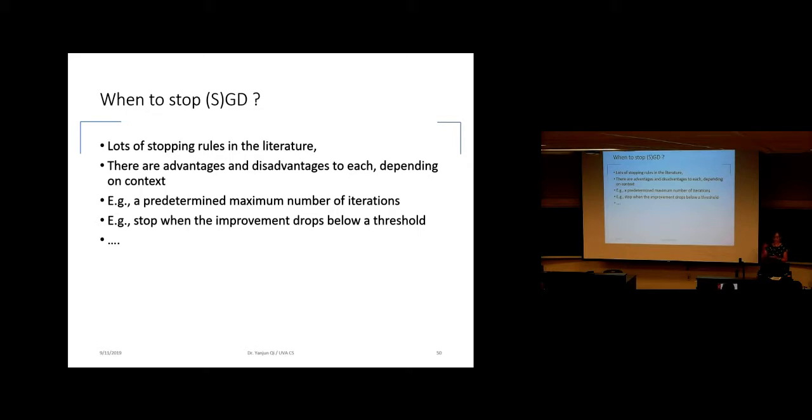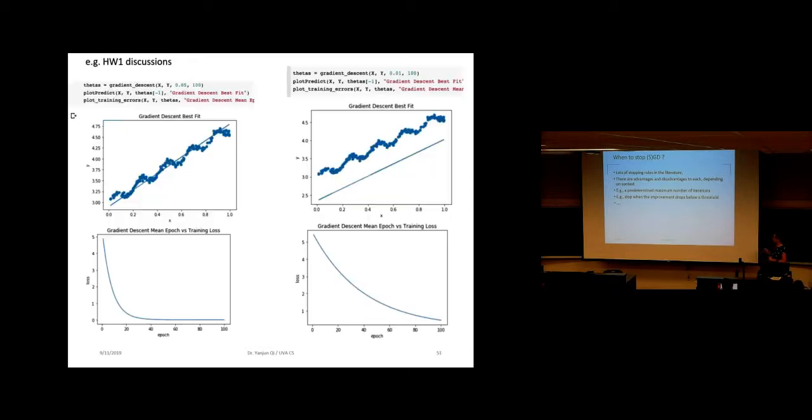For example, you measure the improvement, the decrease of the loss function, and when it does not decrease for a few epochs, or the size of the improvement is not increasing anymore, you stop. So there are many tricks, and in the homework we just use a simple one.